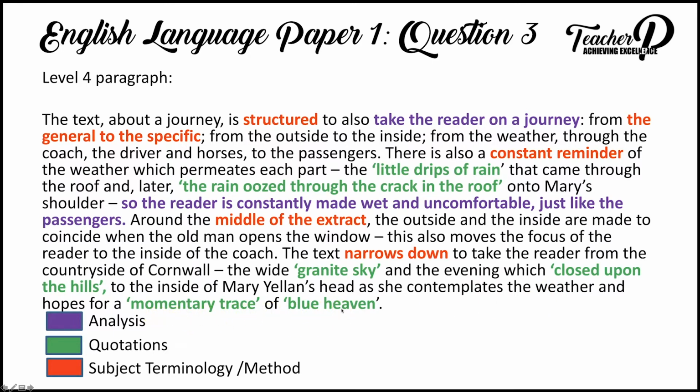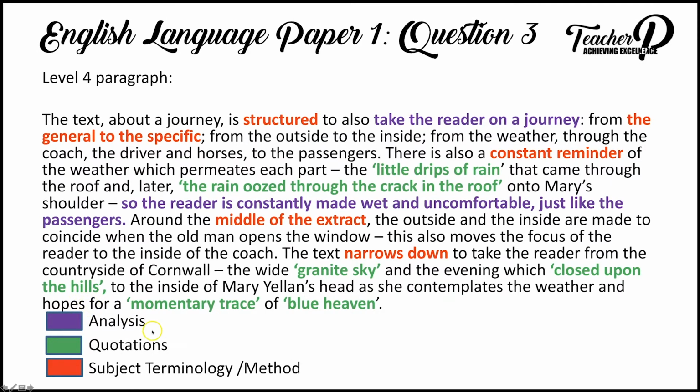So you can see here what the candidate has done is they've talked about the writer narrowing down, using that zooming in or cinematic technique, the effect on the reader and the shifts in the narrative structure, the fact that it shifts from the countryside of Cornwall to Mary's internal thoughts. Additionally, they've got a range of quotations nice and neatly embedded into their paragraph.